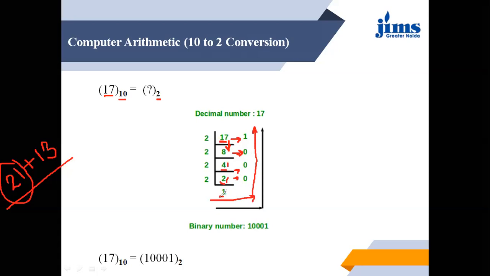So first we write 1, then 0, then 0, then again 0, again 0, once more 0, again 0, and in the last it is 1. So this is the binary equivalent of this decimal number.